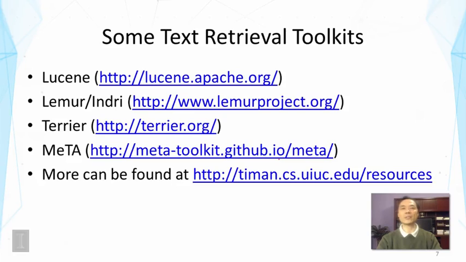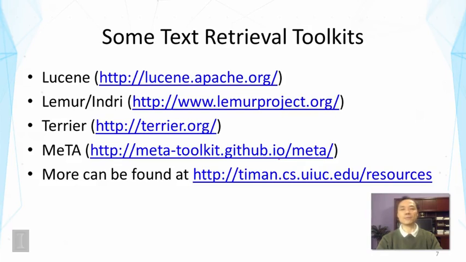The downside is that it's not that easy to extend it, and the algorithms implemented are also not the most advanced algorithms. Lemur or Indri is another toolkit that does not have such a nice support of application as Lucene, but it has many advanced search algorithms, and it's also easy to extend. Terrier is yet another toolkit that also has good support for application capability and some advanced algorithms.